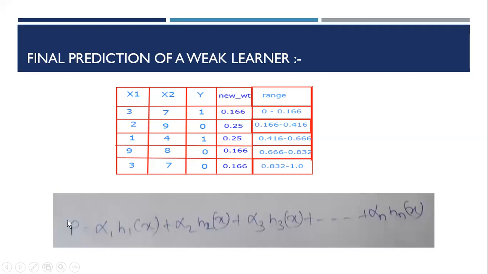At last we will calculate this: p is alpha 1, the weightage of the first model, times the prediction of the first model. Similarly, it will add up all the values and give you the final prediction. The basic concept here is that it is trying to boost its own errors.